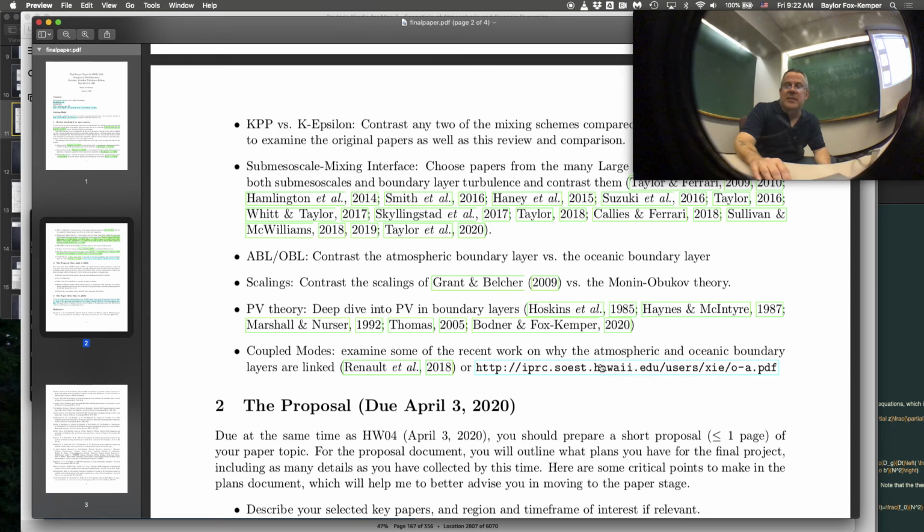That PDF has a list of a bunch of those coupled modes of boundary layer talking to boundary layer, which would be worth thinking about. Or this recent one talks about how if you have an eddy in the ocean, it changes the wind stress and the heat fluxes into the ocean because of the eddy, and damps the eddy. There are some interesting linkages involving both fluids at once that might be fun to pull one of those out.